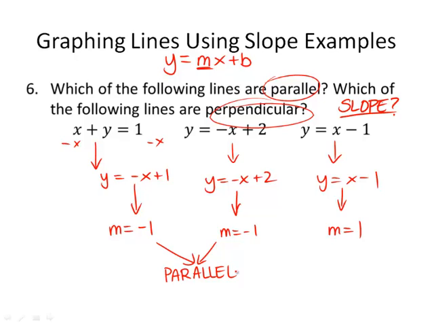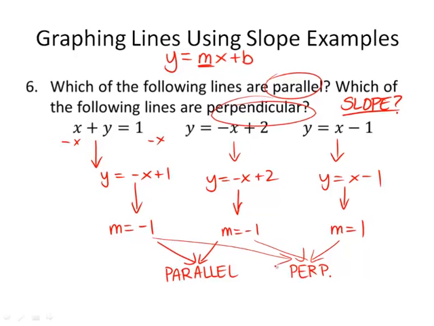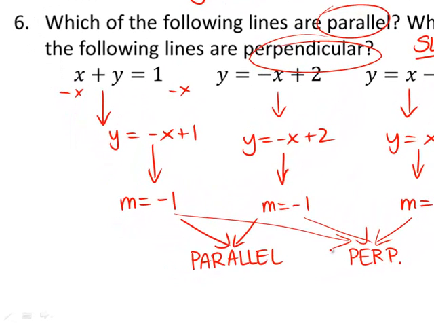Okay, if we multiply two slopes and we get -1, then the lines will be perpendicular. So if we multiply these two, the second and the third, we'll get a slope of -1. So those will be perpendicular. And then also, if we take the first and the third, that will also be perpendicular.